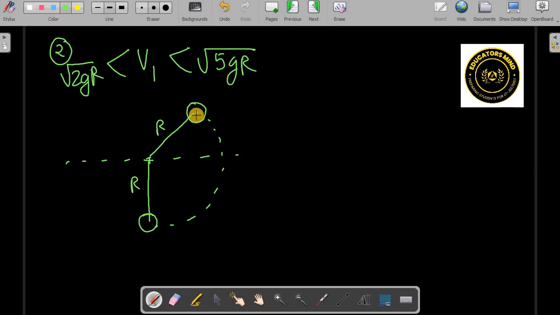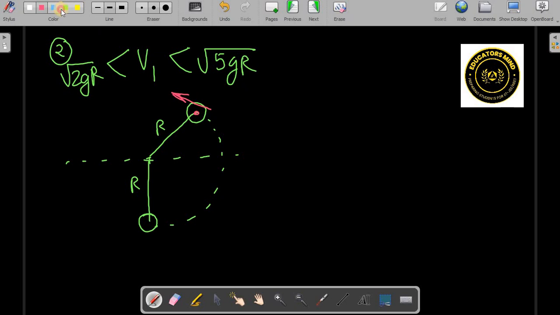Then what will happen? At this point it will go up to some height, but what can happen is that at some point the tension can become 0. If tension becomes 0, then this bob will be thrown off, and it can enter into a projectile motion.